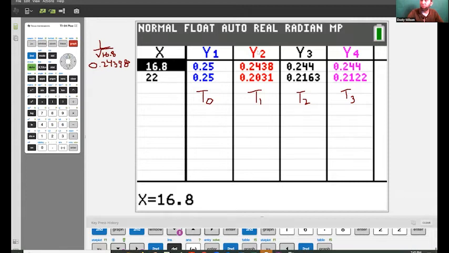And let me switch colors. And then here, 1 over square root of 22 will be 0.2132.